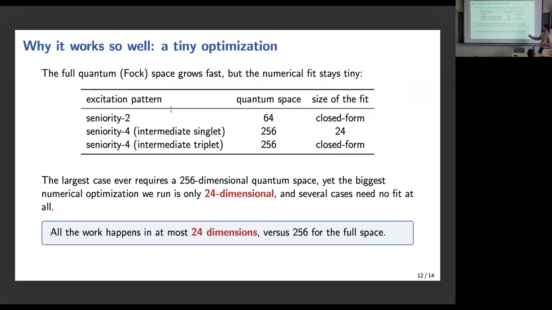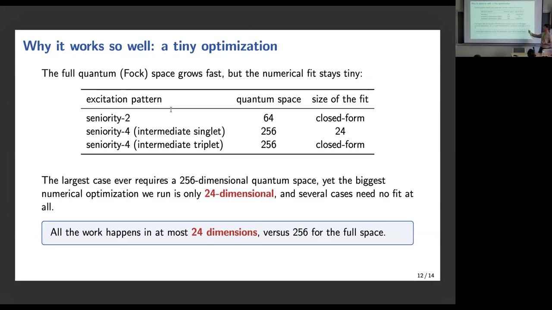And I guess I already mentioned this, but why does the method work so well? It has two components. First, the size of the numerical fit that you're trying to do using the adjoint matrices is pretty small. The small matrices make the optimization problem very small, and you can find these decompositions to machine precision.